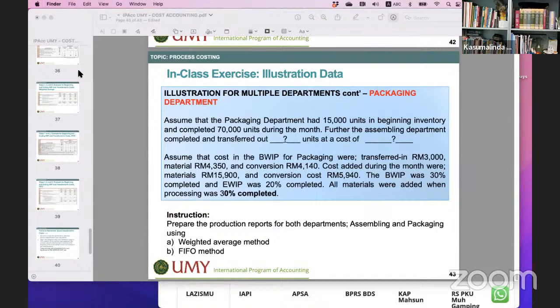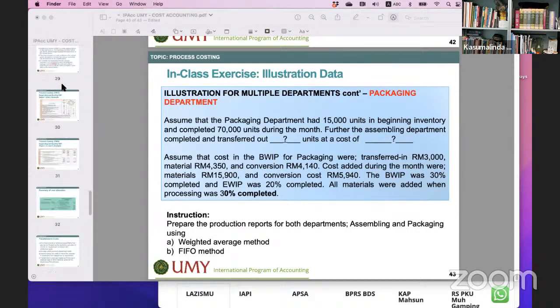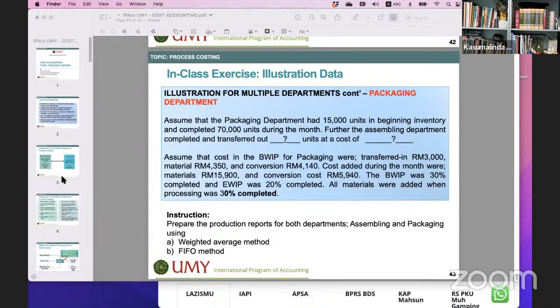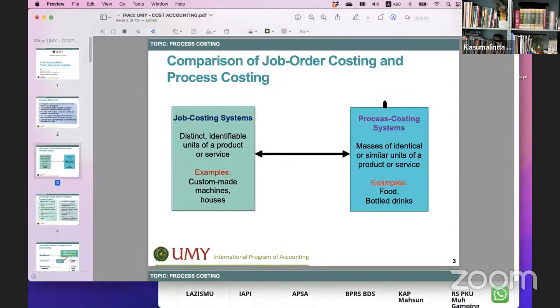Okay, what are the criteria for the company that's suitable to use process costing? Actually, we have the criteria in the beginning. I've mentioned it to you in the beginning, actually, this one. The company that is suitable to use process costing is the company that has mass production, and at the end of the production, the product is identical.